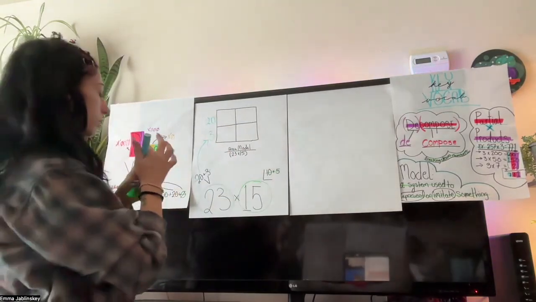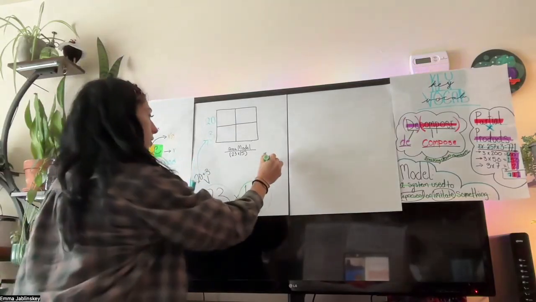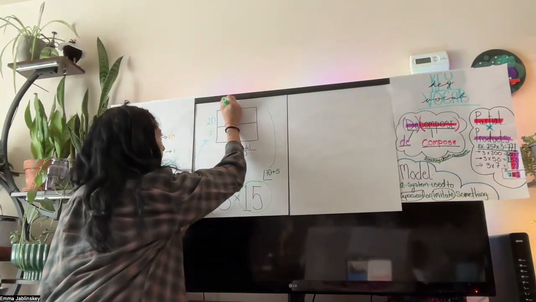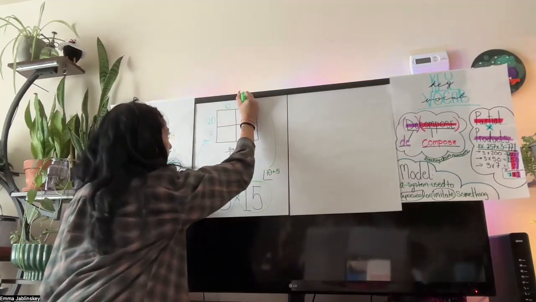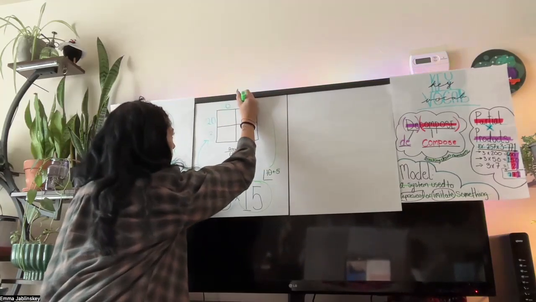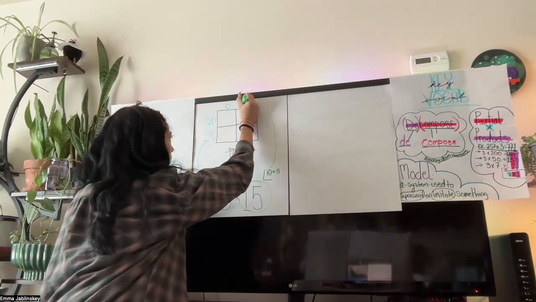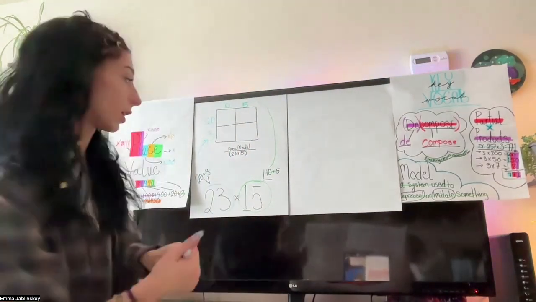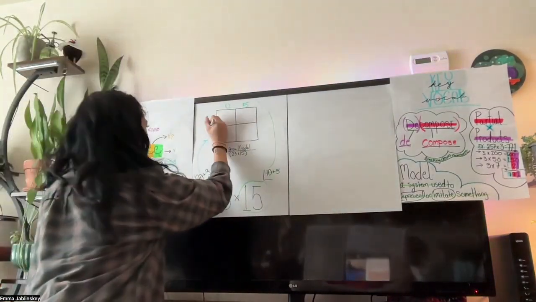And put our variables. And we'll do the same thing here. 10 and 5. And we can't forget to carry over our symbols. So we're going to put our plus.